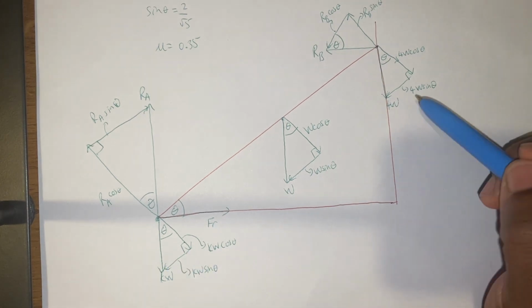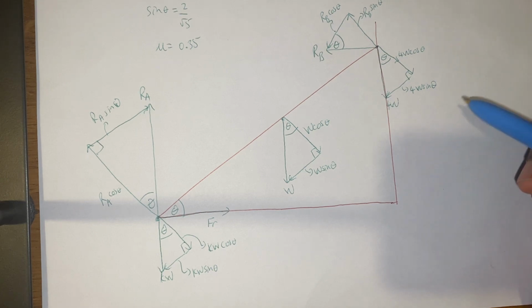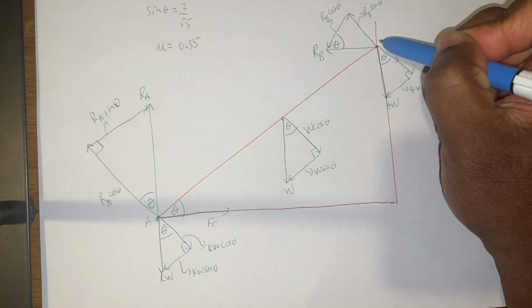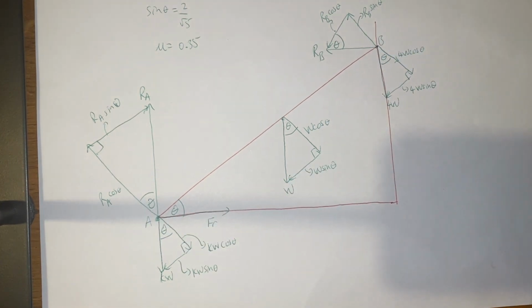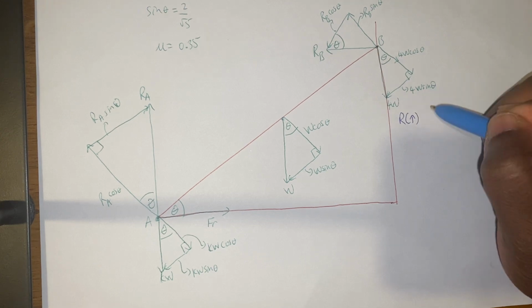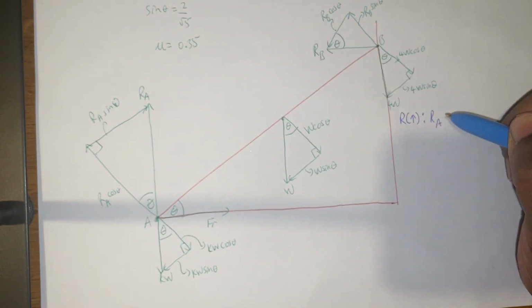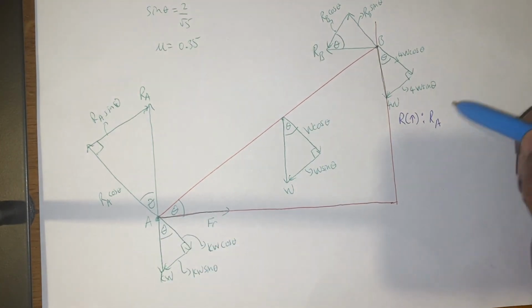So given this new diagram, we're going to do the same things as before. We're going to resolve vertically, resolve horizontally, and then take moments about the point A, and that is A, and that is B. When we resolve vertically, we're going to have up forces summed to down forces. So the up force RA equals the down forces KW plus W plus 4W, which is 5W, and that will be equation 1.